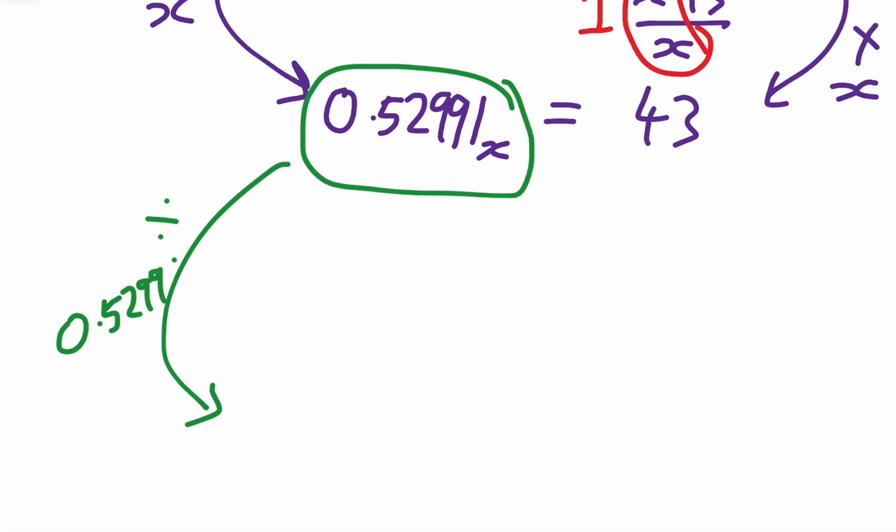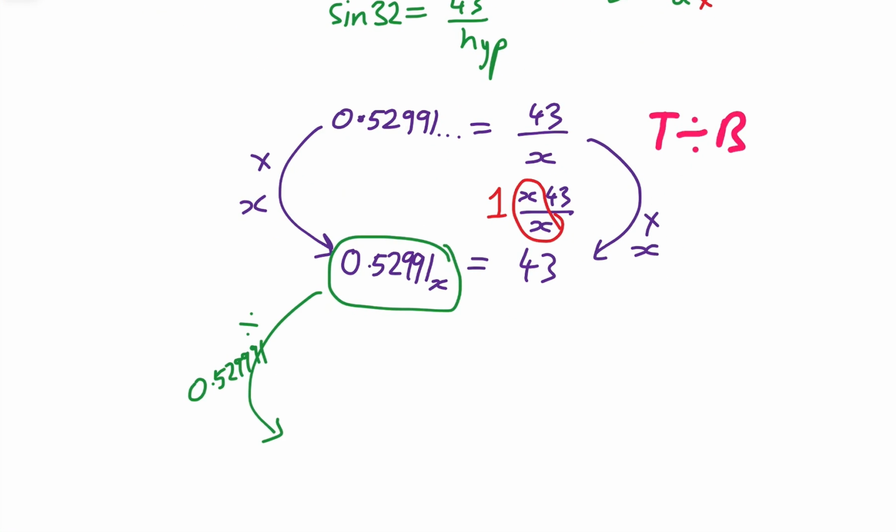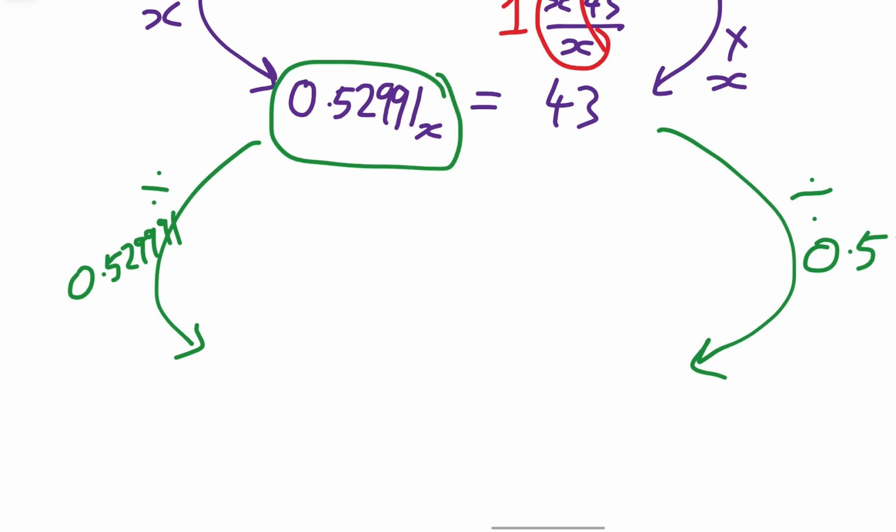Now, like I said, you keep the decimal on your calculator or just type in sine 32 again, whichever. People, generally speaking, are happier with the decimals. Okay. So again, if you divide a decimal by itself, you're going to get 1x. So I'm getting 1x on the left, or just x.